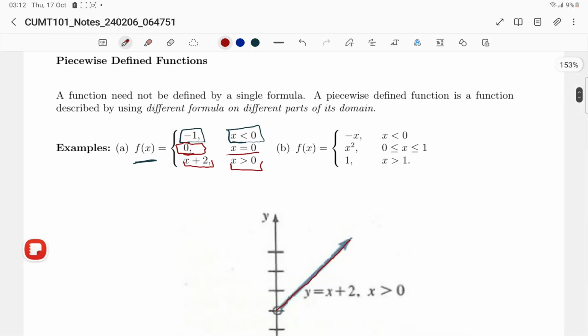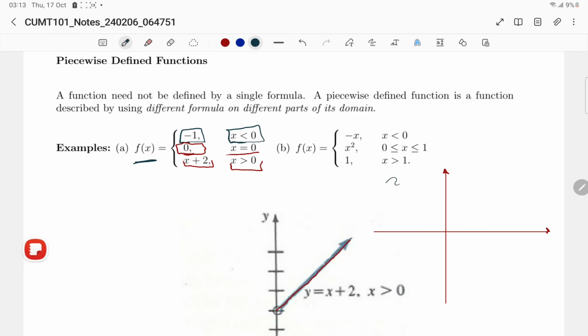Just for better understanding, if we could sketch this one, we have something like this. So we have f of x equal to minus x for x less than 0. For minus x, we know that the graph for y is equal to x crosses the axis like this.